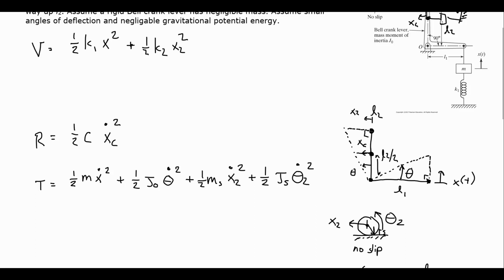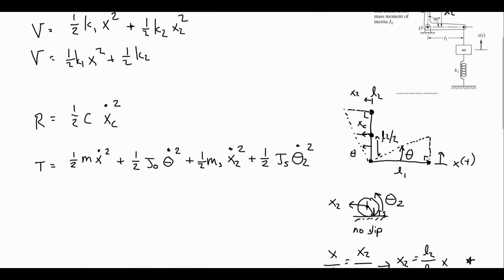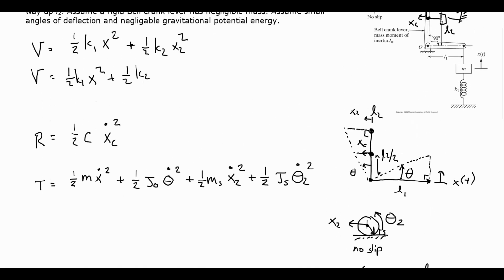Let's come back up here and look at v. The first term is okay because x is already our desired degree of freedom. And we have 1/2 k2 times the quantity x2 squared. Again, x2 is L2 over L1 times x, so L2 squared over L1 squared times x squared.